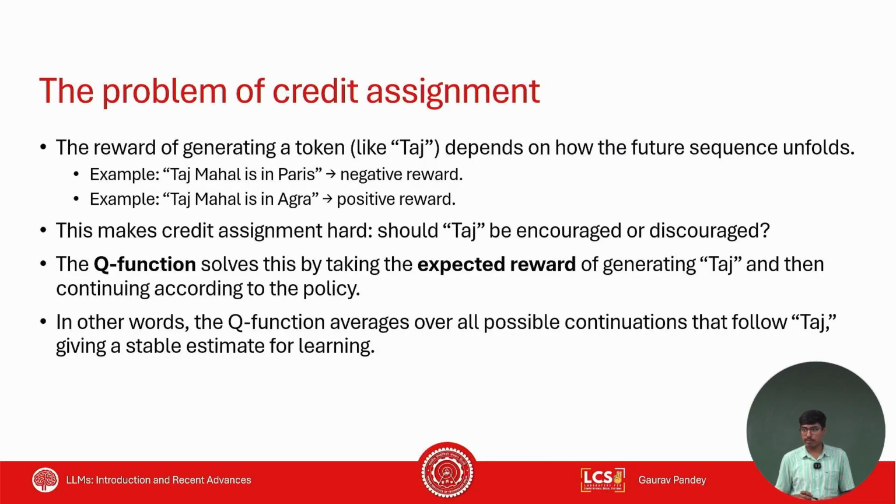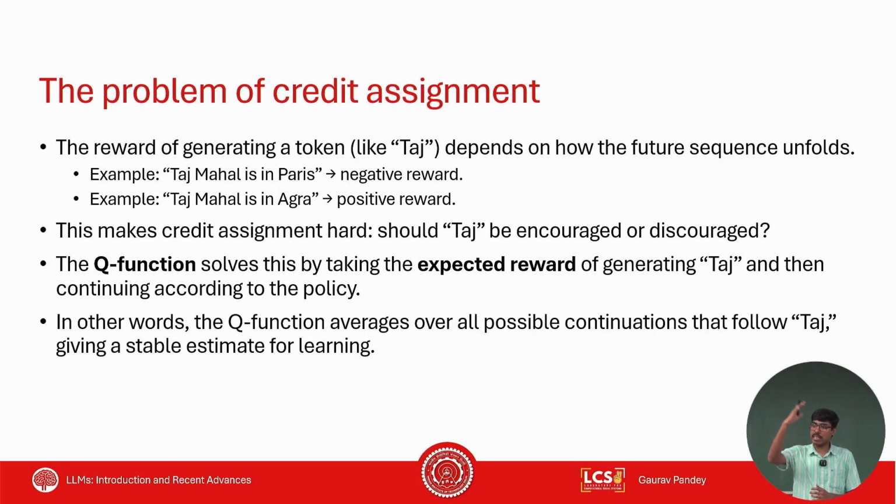So ideally, how do you solve this problem? Let's say you lived in an ideal world where you had infinite compute and could do anything. What would you do in that case? You can probably take the word Taj and generate all possible sequences from the policy that follow this word Taj. You can fix the sequence up to Taj, keep generating from that point until the sentence ends, and generate an infinite number of sequences.